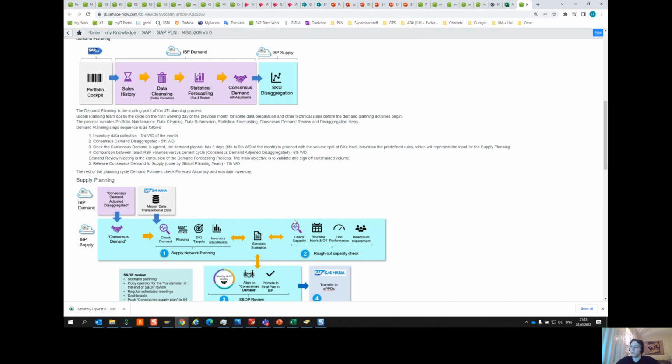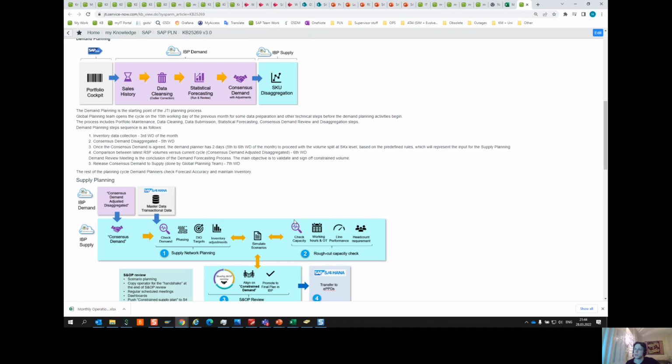Well, really, planning as a business process is much more difficult and sophisticated than, for example, P2P, procure to pay, I would say. Because in procure to pay, of course, there are a lot of nuances too, but we can say that more or less the process is clear even for us from the GSD side.